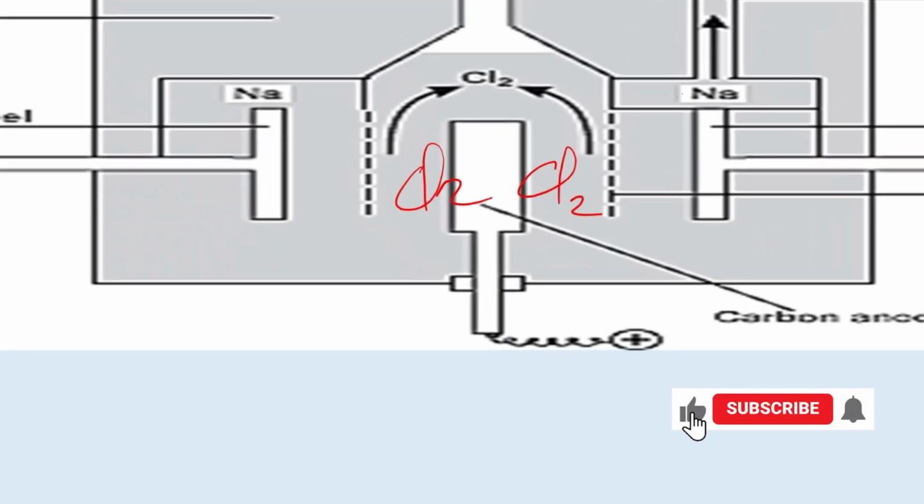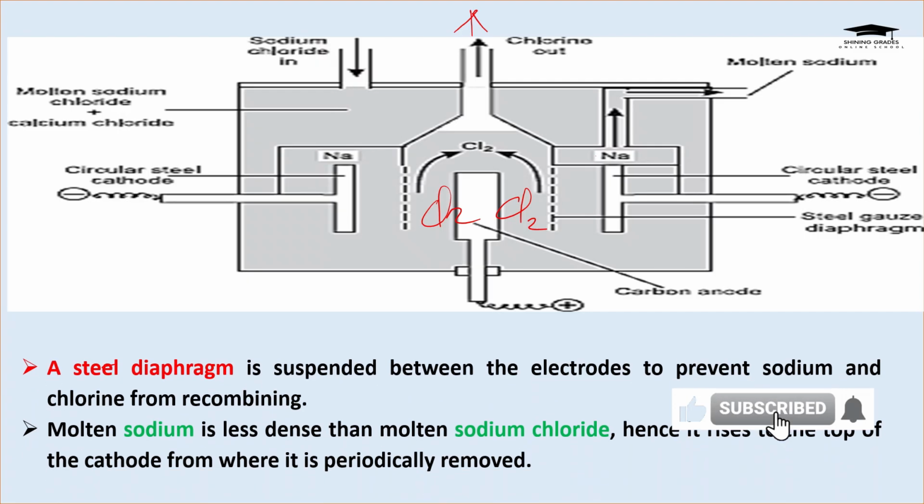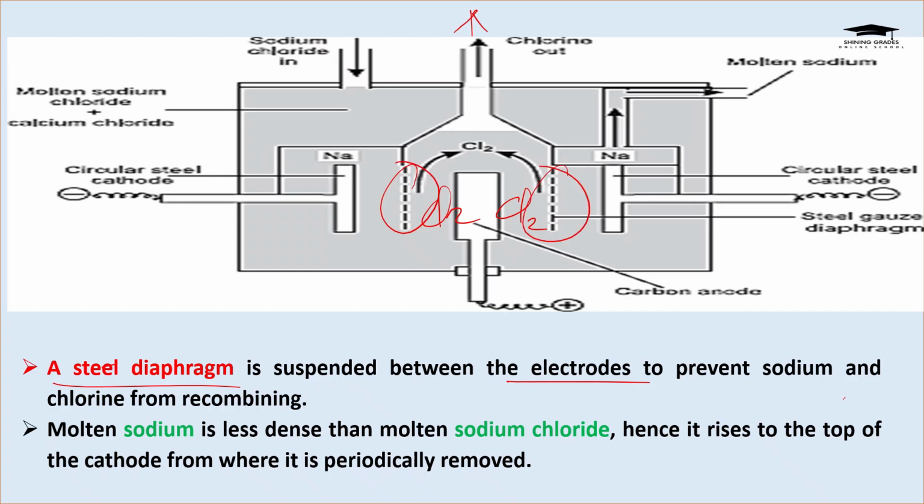Let's now look at the description or the explanation. We talked about a steel diaphragm, which is suspended between the electrodes to prevent sodium and chlorine from recombining. So we can see the presence of the steel diaphragm here, which ensures that the cathode is separated from the anode.